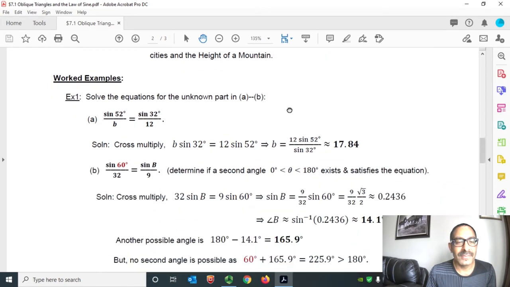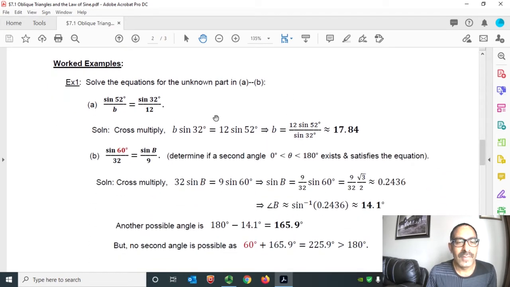Let me scroll down. Example first, part A. The given equation is sine 52 degrees over b equals sine 32 degrees over 12. Now let's find the value of b. Solution: cross multiply here. So 12 times sine 52 degrees equals b times sine 32 degrees, which I wrote first as b times sine 32 degrees equals 12 times sine 52 degrees.